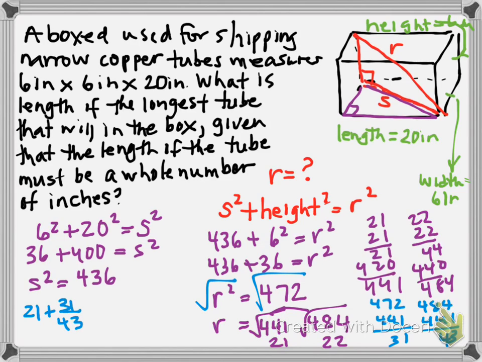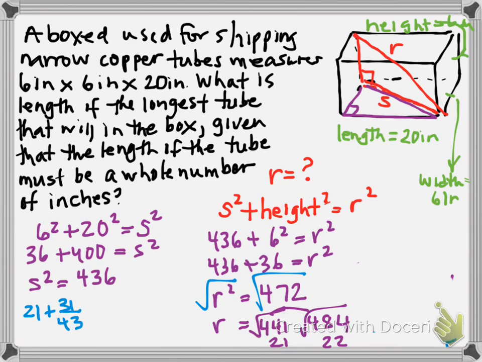So I'm going to do, let's see. Let's go ahead and erase this stuff over here, since we don't need it anymore. And we'll do the long division. So 31 divided by 43. And let's see, that's going to go in 7 times, which gives me 301.